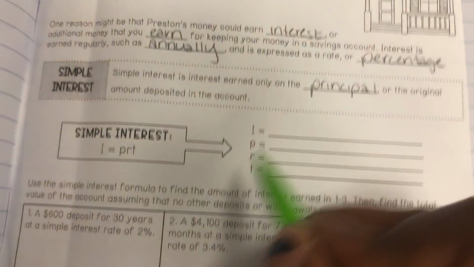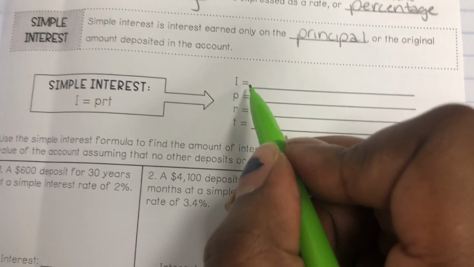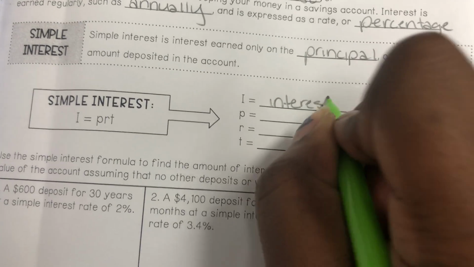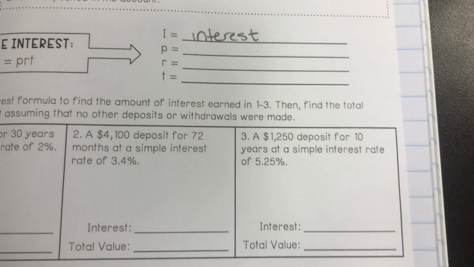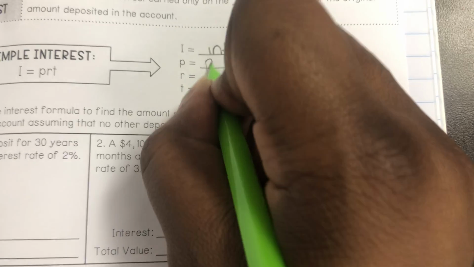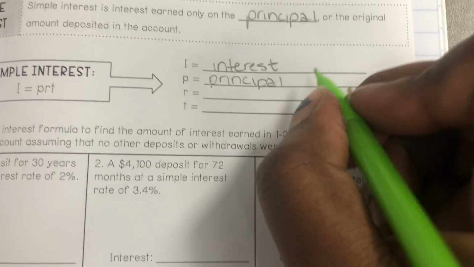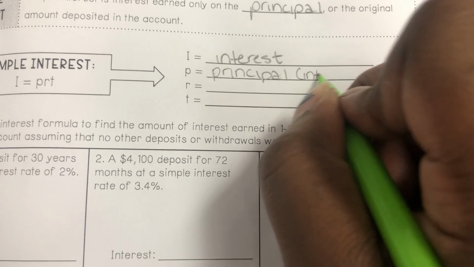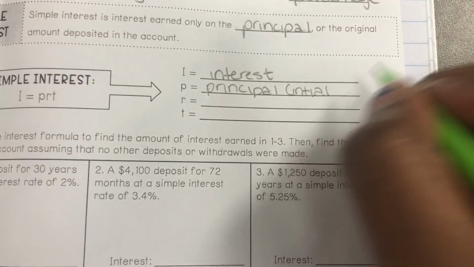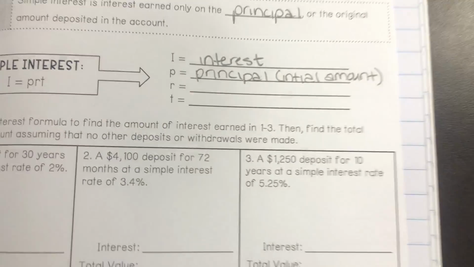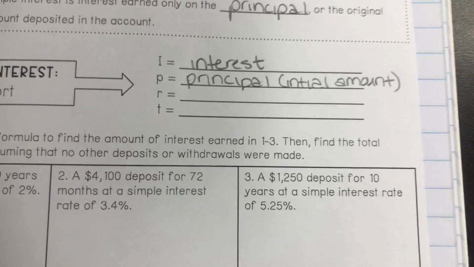So here we go. Here's our formula. I really just stands for interest, nice and simple. P, we already covered that, stands for principal. Or in other words, the starting amount, or you might see it more in here as what's called initial amount. That's the same thing as starting amount.